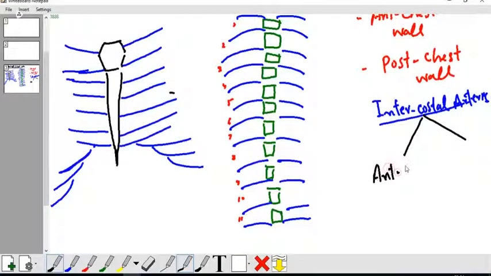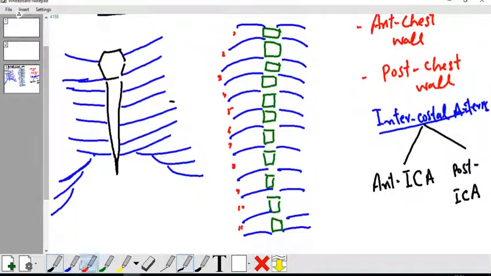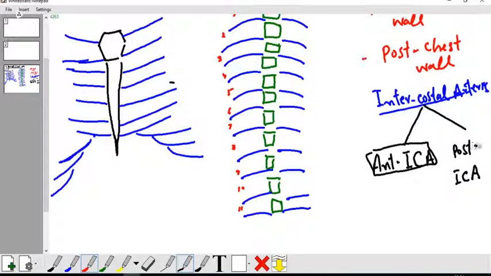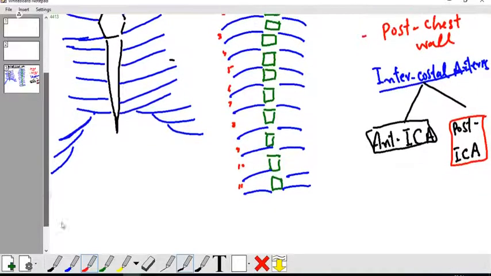The intercostal arteries form two groups: the anterior intercostal arteries and, second, the posterior intercostal arteries.